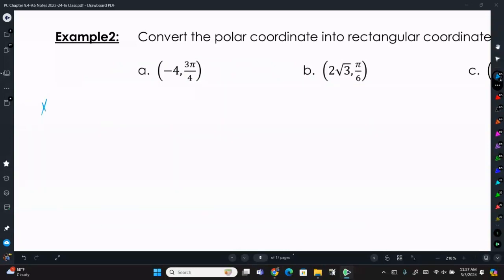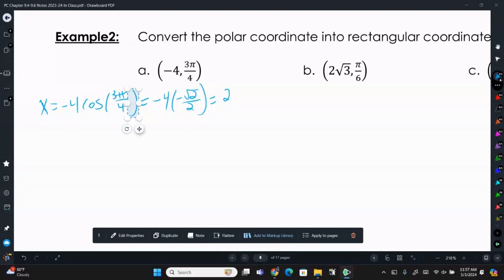So the x-coordinate would be negative 4 times the cosine of 3 pi over 4, which would equal negative 4 times negative square root of 2 over 2, which would be positive 2 times the square root of 2.